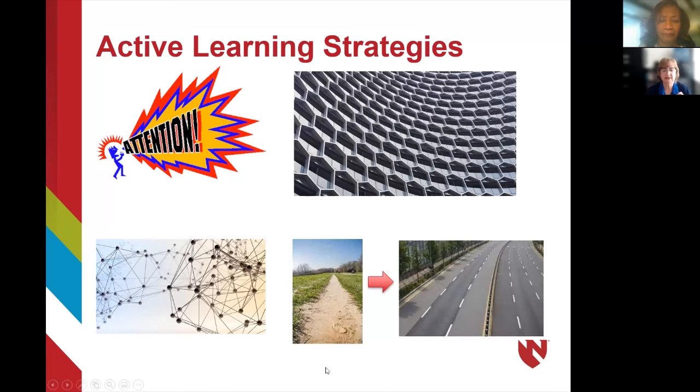And so that's going to turn this very slow dirt walking path into this 3-lane highway, which moves information very efficiently and quickly, but also can carry large cargo, large amounts of information in those learning chunks.